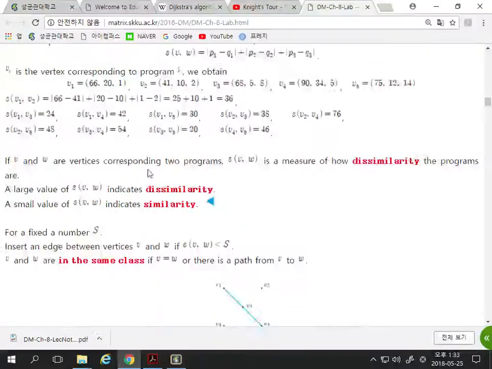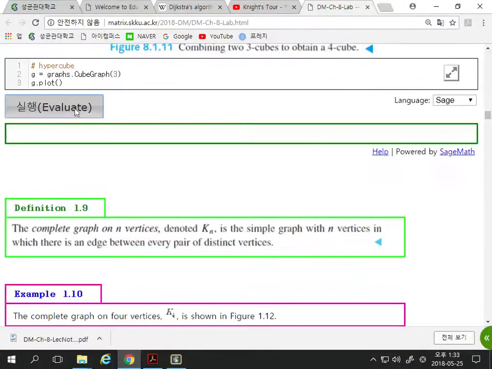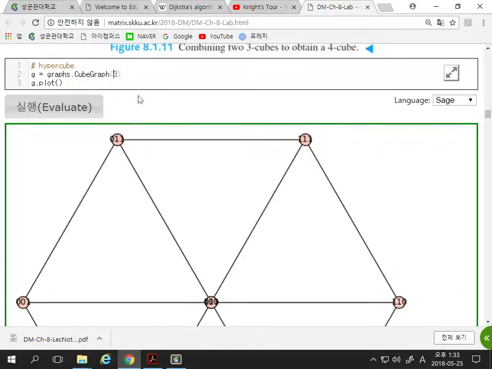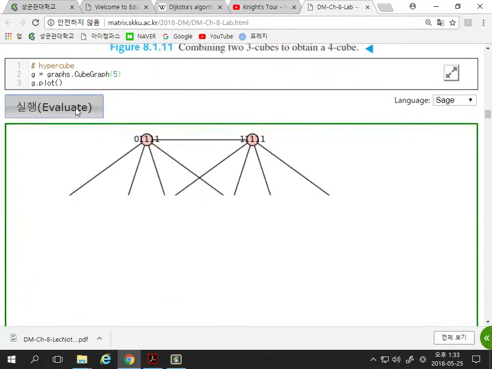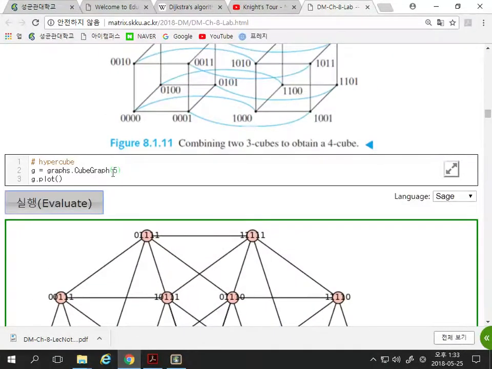And here is the hypercube graph of dimension 3. If you make it the cube graph of dimension 5, then you will see a much more complicated one.